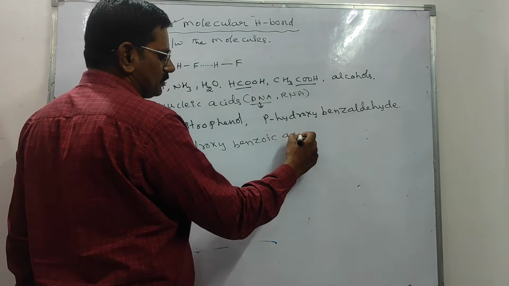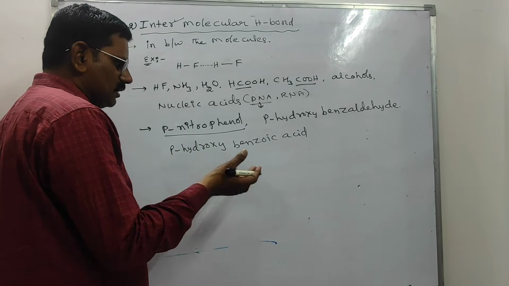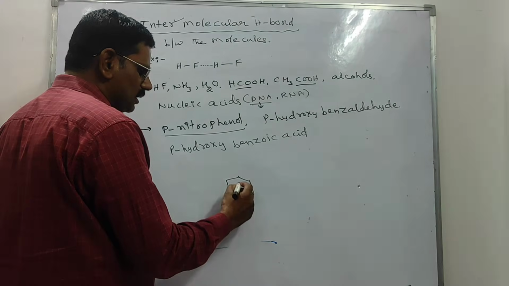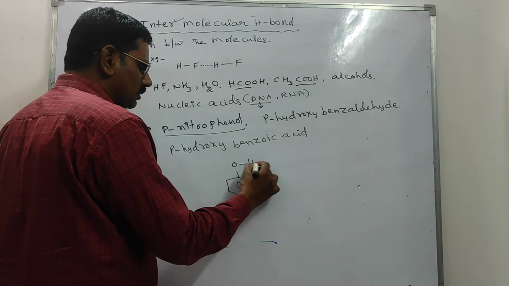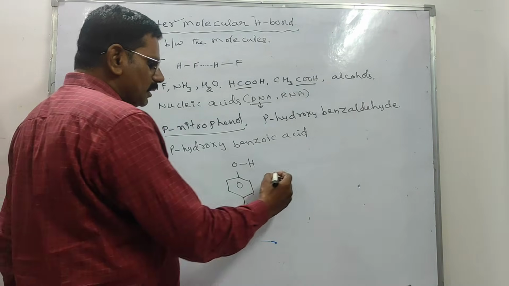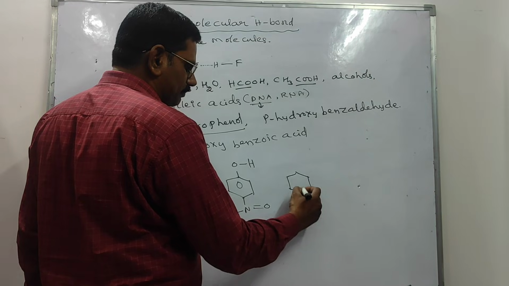I will take one example. Instead of orthonitrophenol, we are taking para-nitrophenol. See, in para-nitrophenol, intermolecular hydrogen bond is present. How will it be?